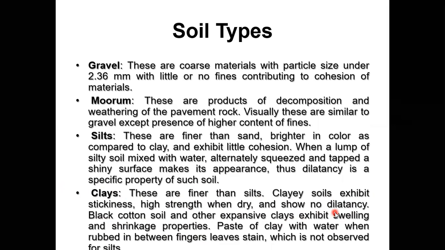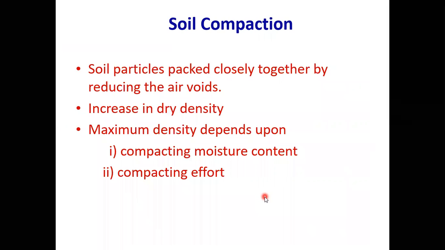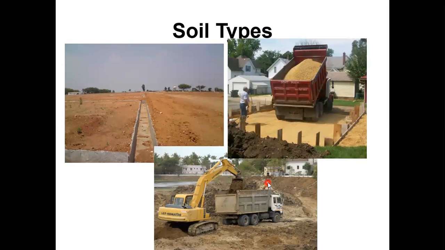It will expand, that's why it is called expansive soil. Okay, these are some of the different types of soil. By picture, these are coarse soil, these are sandy, and these are black cotton soils.